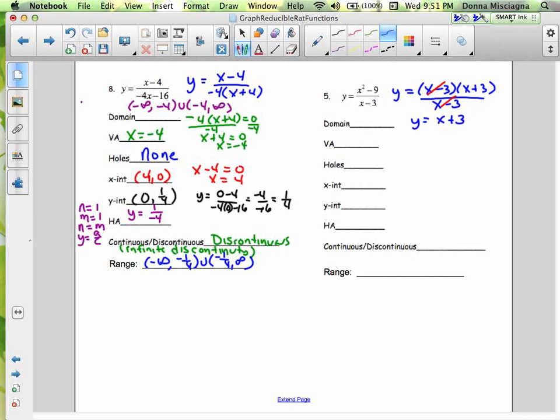So now we don't have any denominator, which means we have no vertical asymptote. There's no denominator left. But we do have a hole, right? We canceled out that factor.